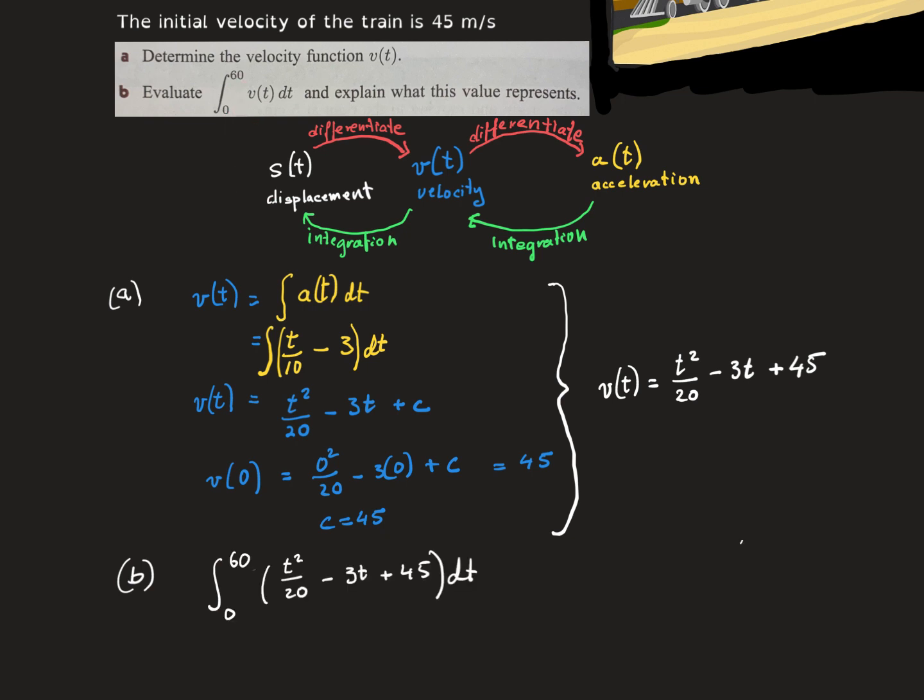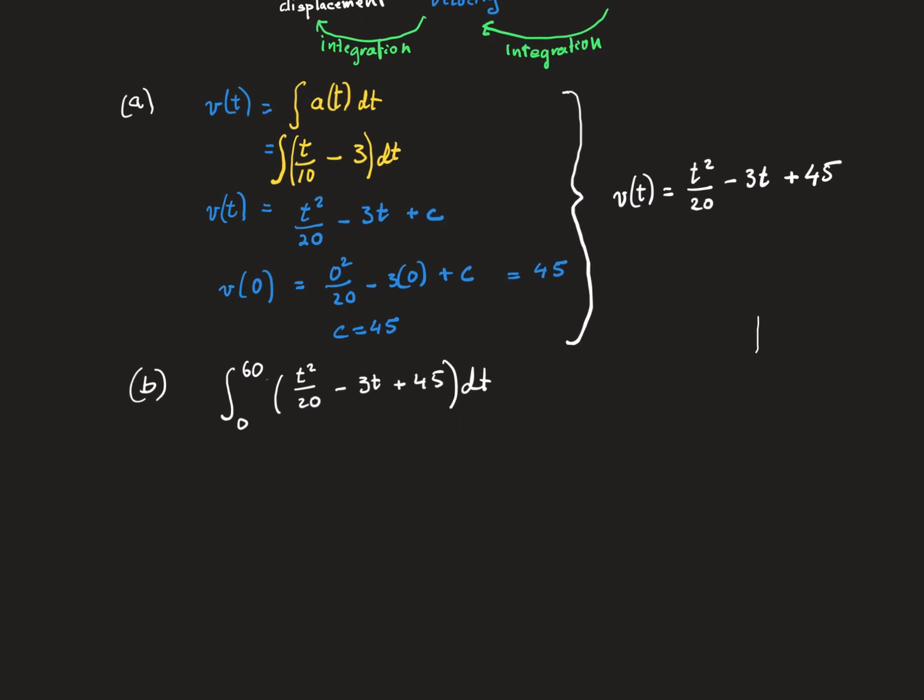So integrating that, we end up with, in square brackets, t cubed over 20 times 3, minus 3t squared over 2, plus 45t.